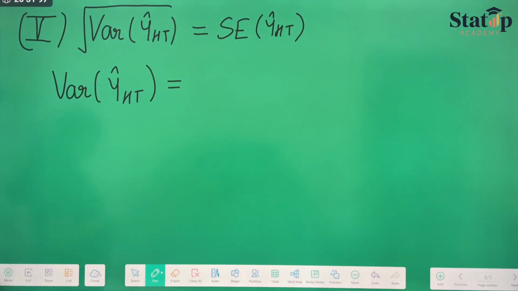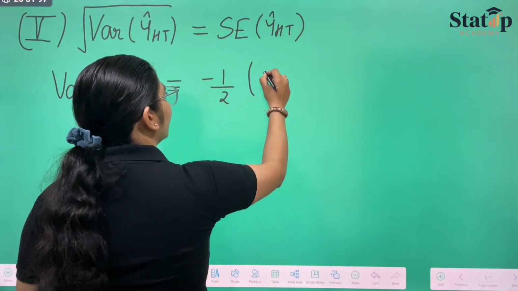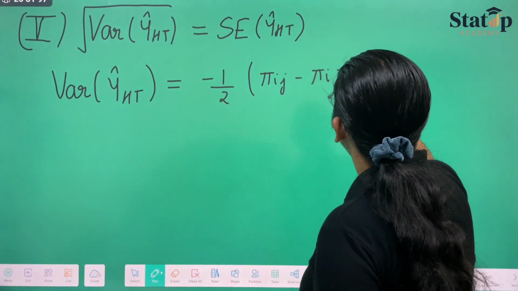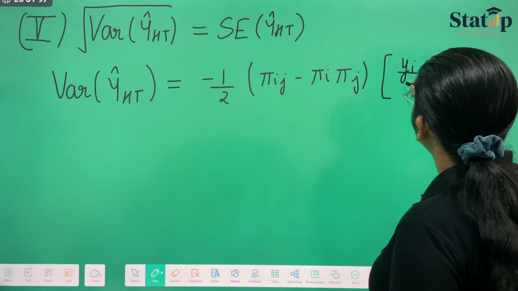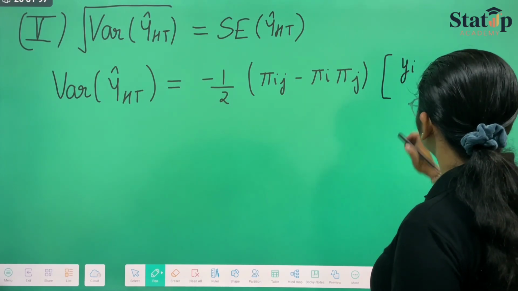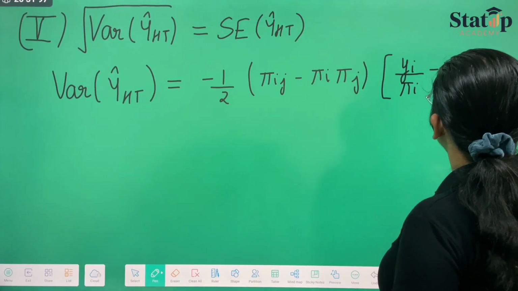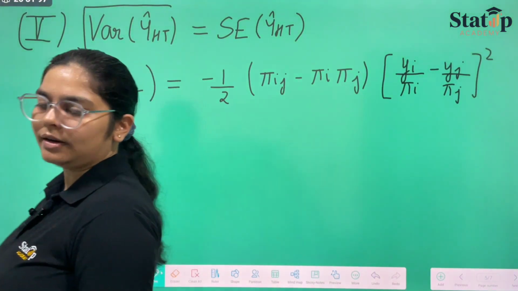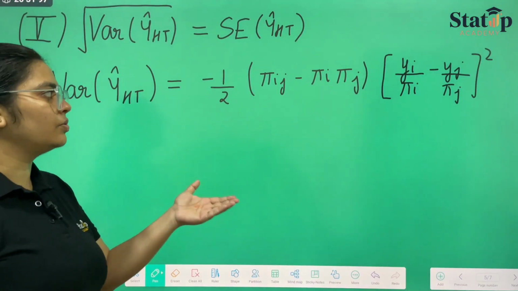It is minus 1 by 2, pi i pi j minus pi ij, times (yi upon pi i minus yj upon pi j) whole square. All of the derivation has been done beforehand, so here we'll just be using this.